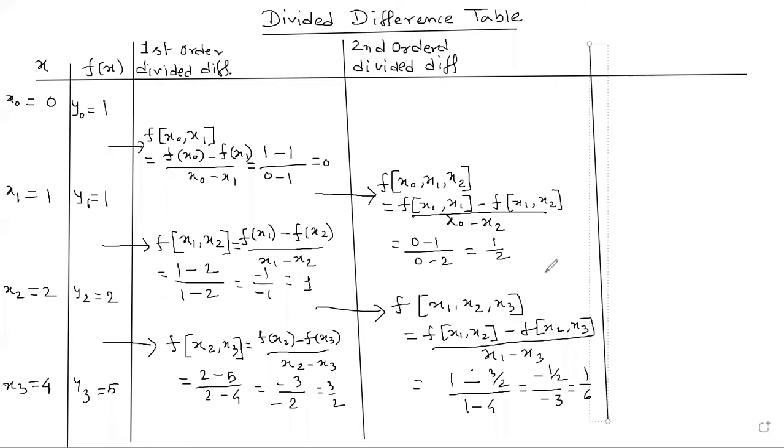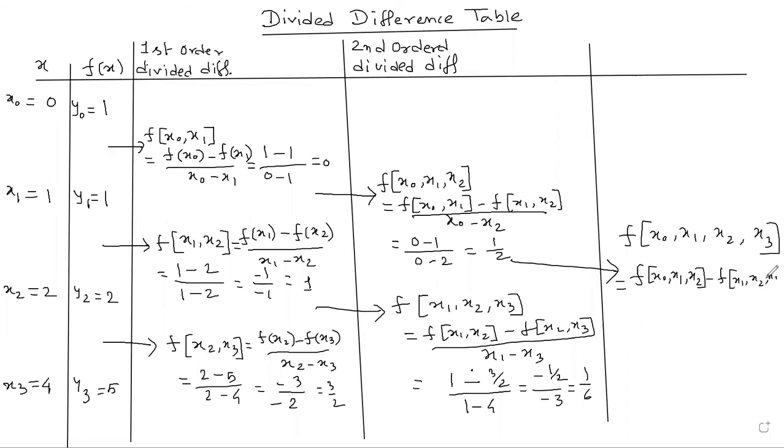So the third order divided difference is given by f of x0, x1, x2, x3, which is equal to f of x0, x1, x2 minus f of x1, x2, x3 divided by x0 minus x3, the first point minus the last point, which is equal to half minus 1 by 6 divided by x0 minus x3, that is equal to minus 1 by 12.